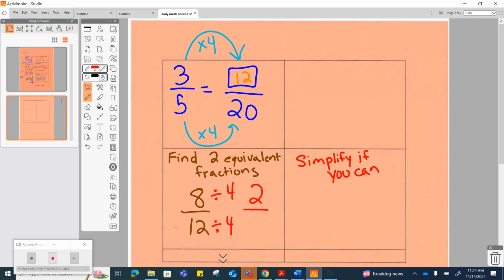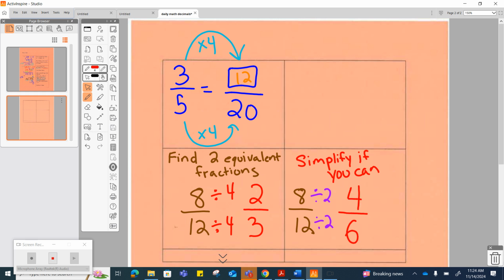So that's one answer. You could have also said, oh, they're both divisible by 2. Eight divided by 2 is 4. 12 divided by 2 is 6. So those could have worked.